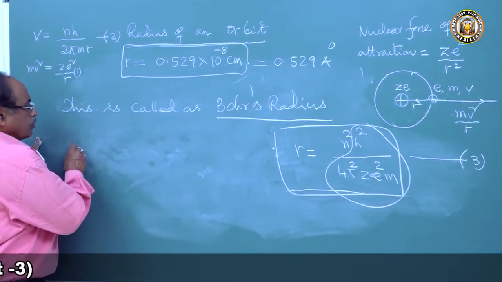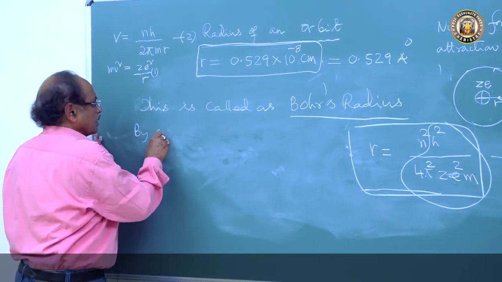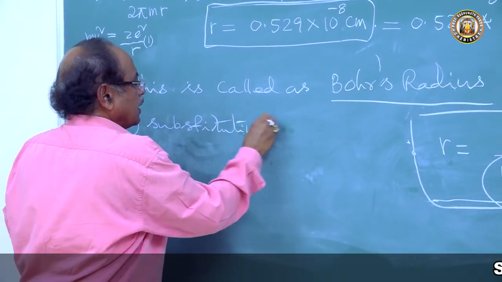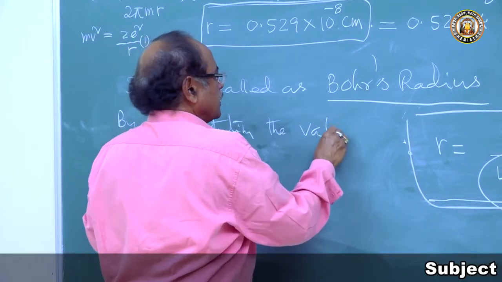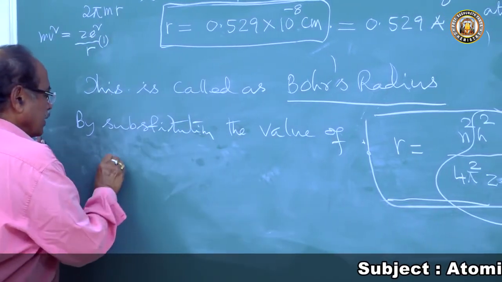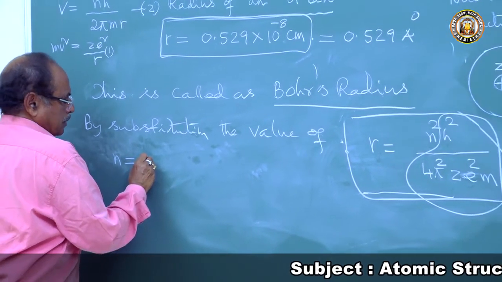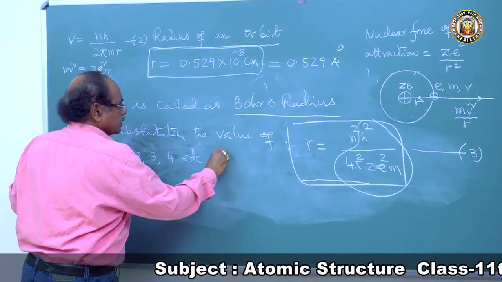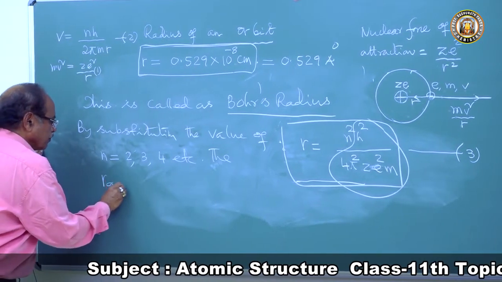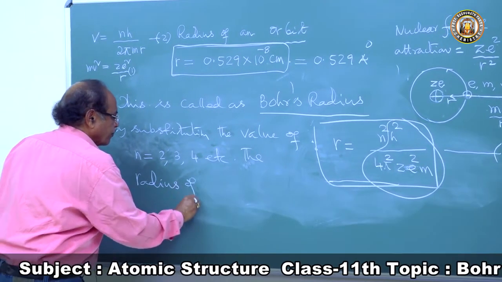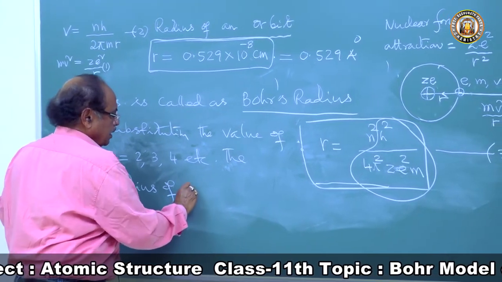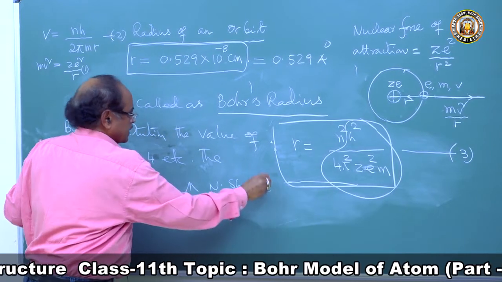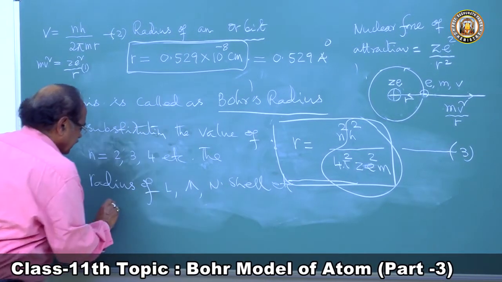So by substituting the value of n equal to 2, 3, 4, etc., the radius of the L shell, M shell, N shell, etc. can be calculated.